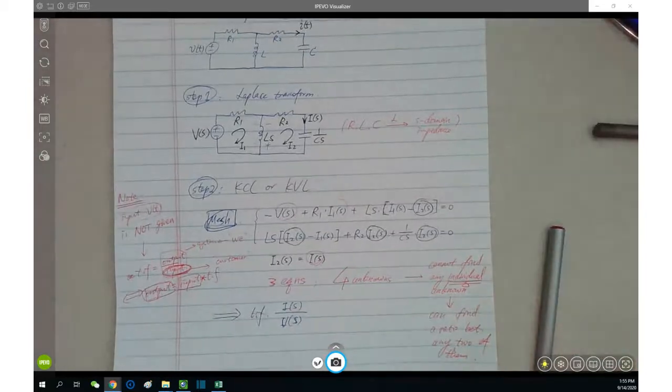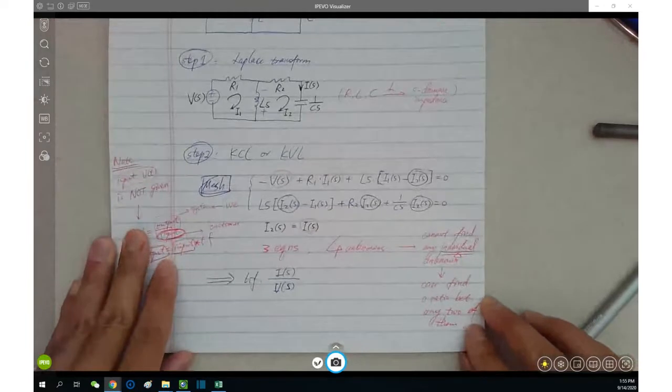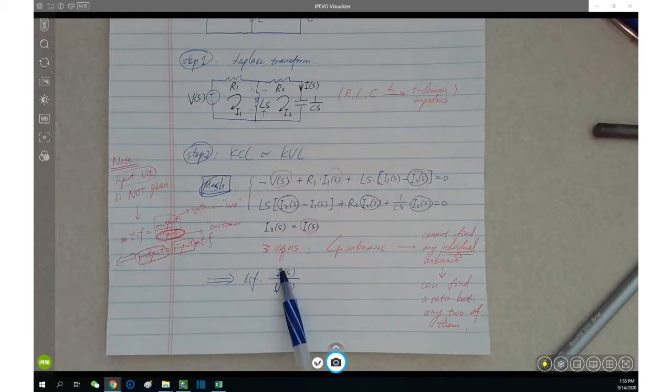Any questions on this idea? It doesn't bother us to find the transfer function. We are absolutely fine, because the transfer function is a ratio between 2 unknowns. We can't find the numerator I individually, and we can't find the denominator V individually either. However, we are able to find the ratio between them, right?